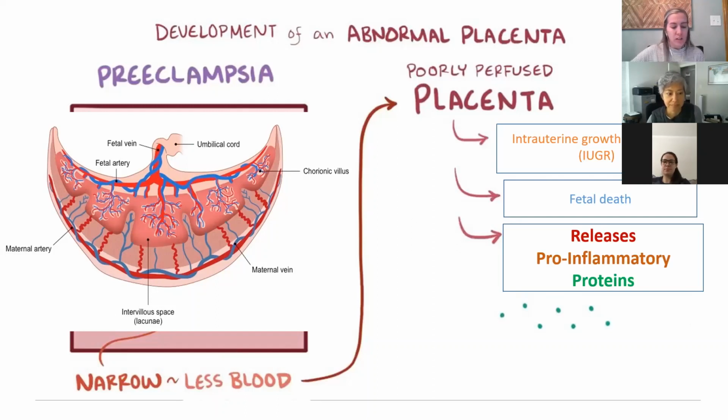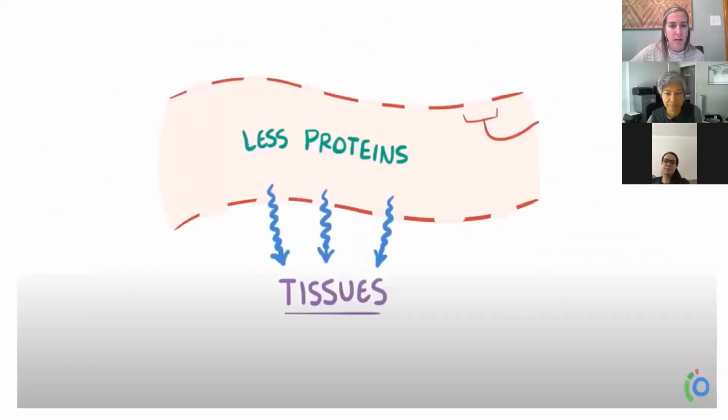And these proteins get released into the bloodstream. And here's what happens. With these proteins in the bloodstream, the maternal blood vessels are going to start to dilate and constrict. Look, here come some of them.